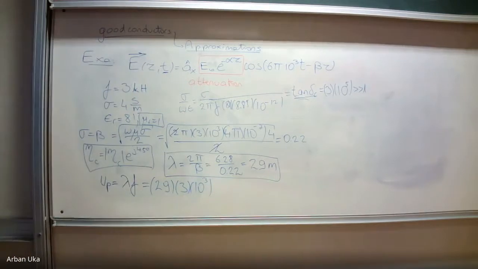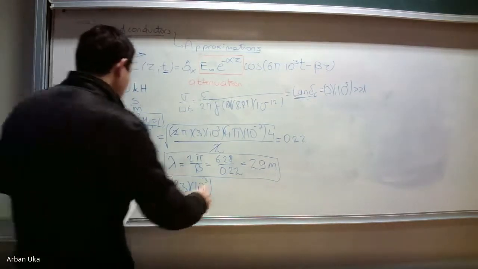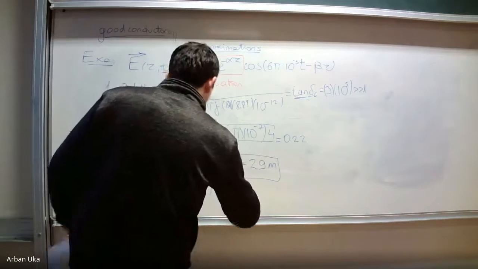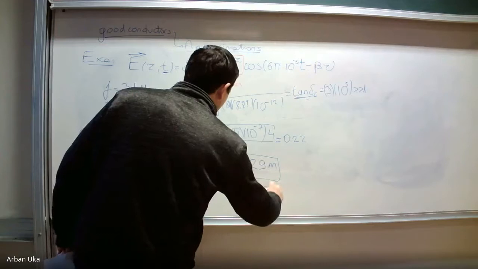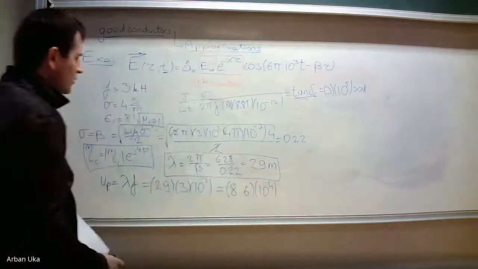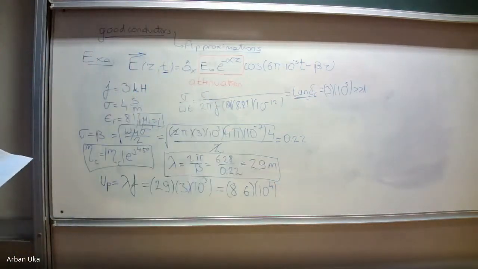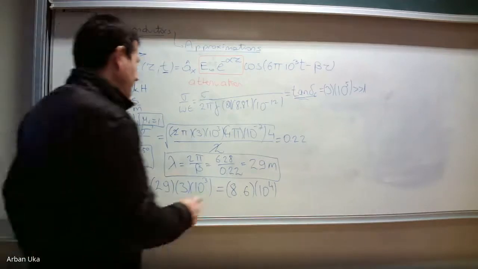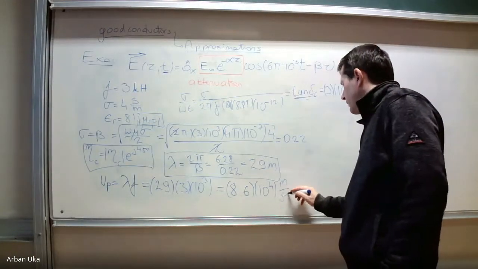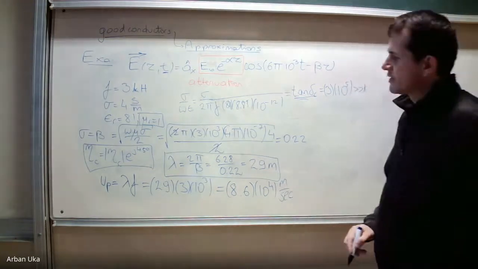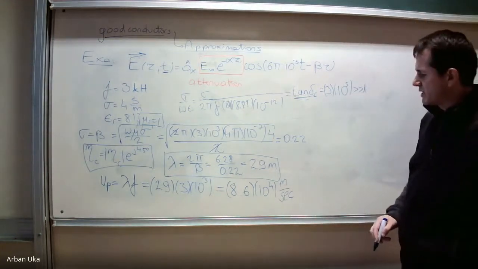So this is the propagation speed, which results in a number of 8.6 times 10 to the power 4. Okay, so this is the speed of this frequency in this specific medium.